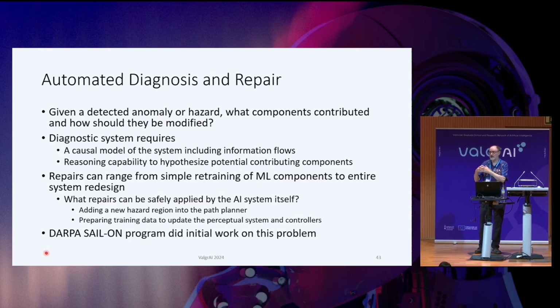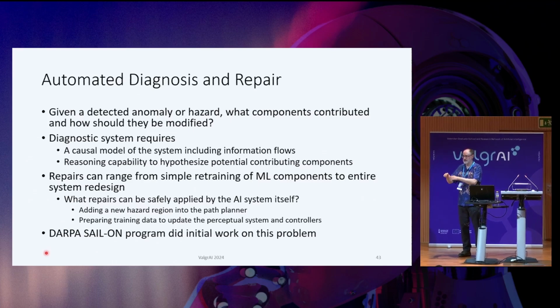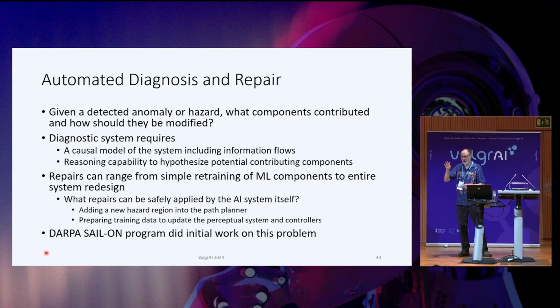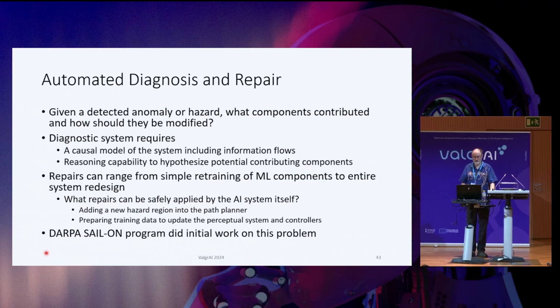And it could also identify a new hazard region that the system needs to avoid, that it was not previously avoiding. In fact, that one you might be able to apply in real time on the target system if you have a planner that is dynamically planning paths. You could just add it as another kind of obstacle.